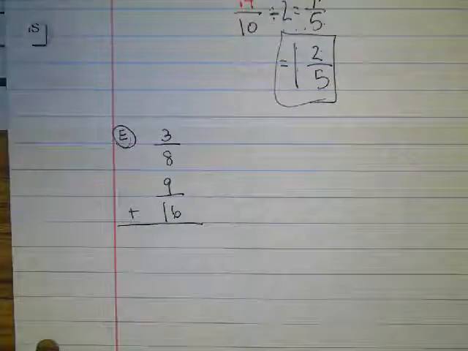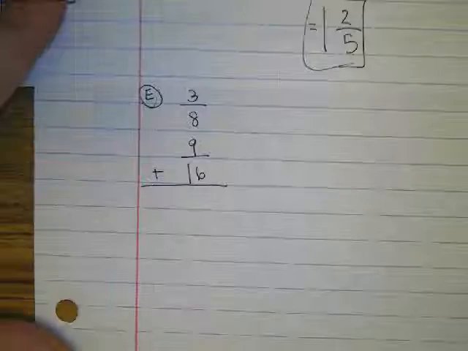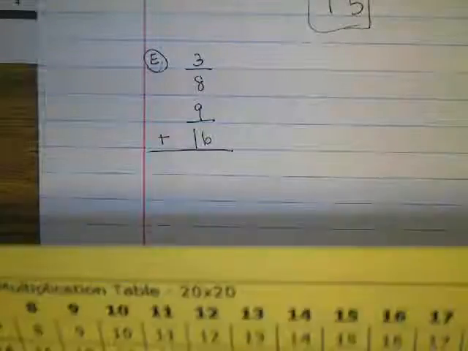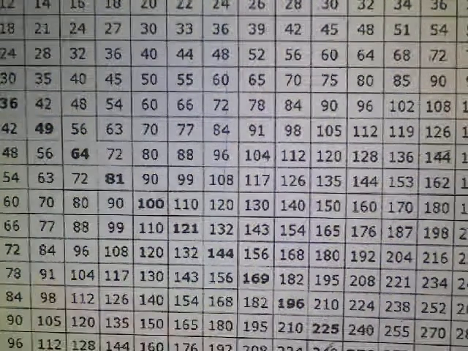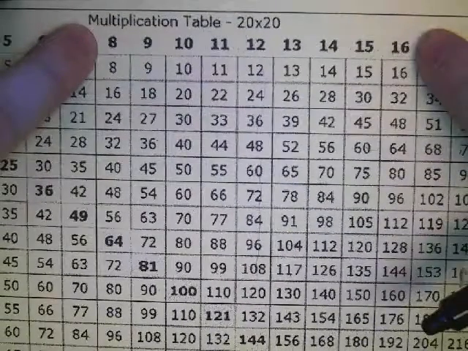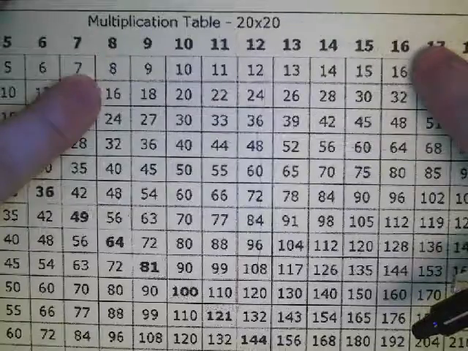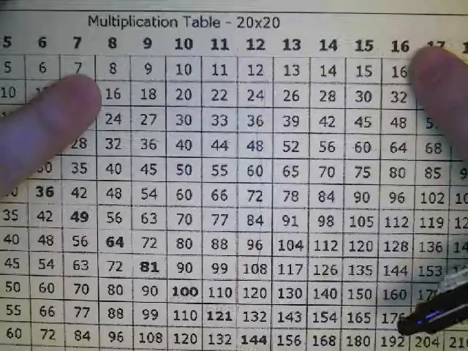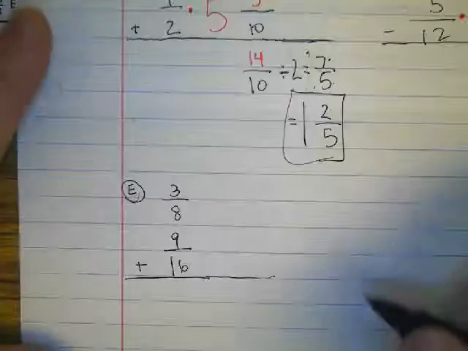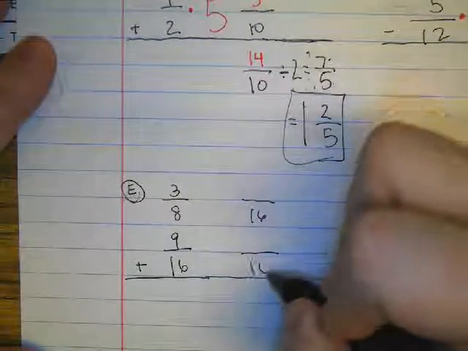Okay, so hopefully you took the chance to pause and try this on your own. What we're going to do is the same process. We'll find that common denominator by looking down the 8 and 16 column. Oh, they both have 16. So that will be our common denominator, 16. So we know we're going to make this a 16, and we'll make this a 16.